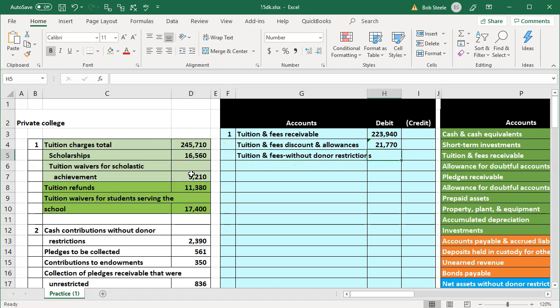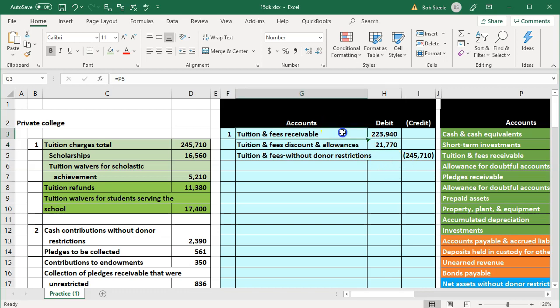I'm going to use the sum function, the negative sum of these numbers, and that'll give us the 245,710. So we're recording, in essence, the revenue going up by 245,710, but then also, on a contra revenue type of account, decreasing the revenue by the 21,770. This might make more sense once we post it. You'll be able to see that.